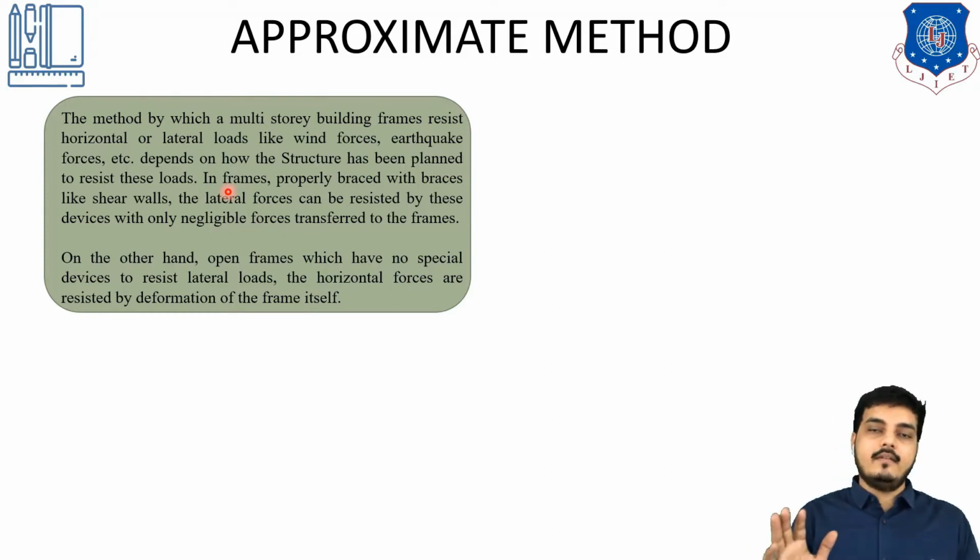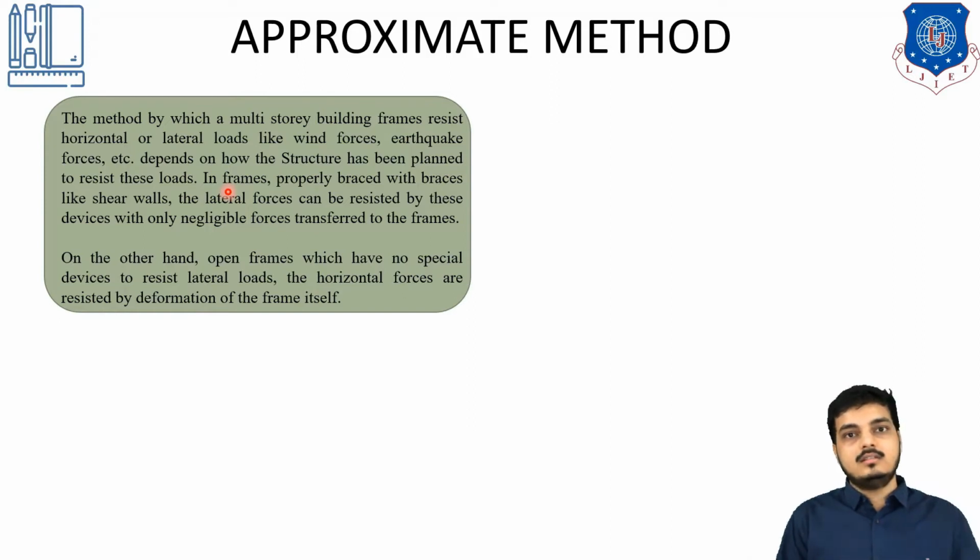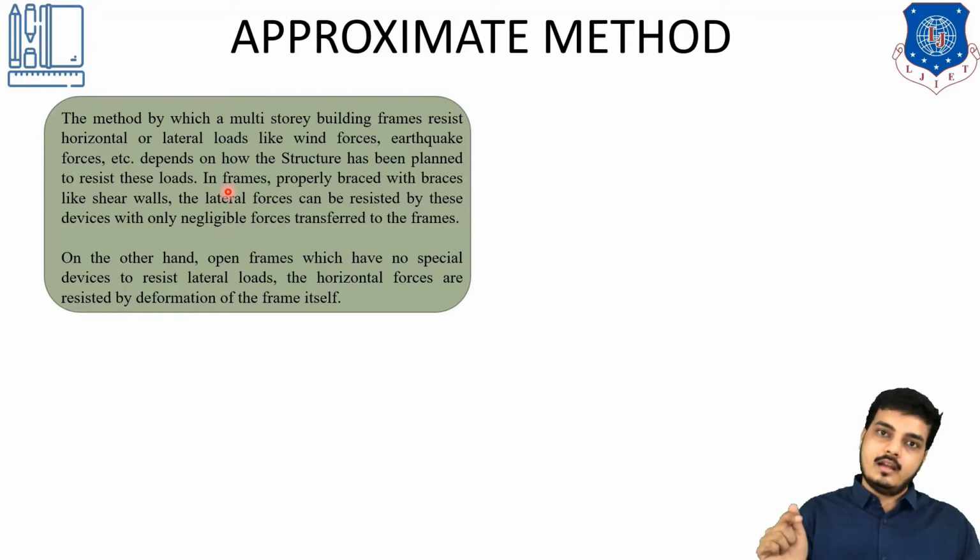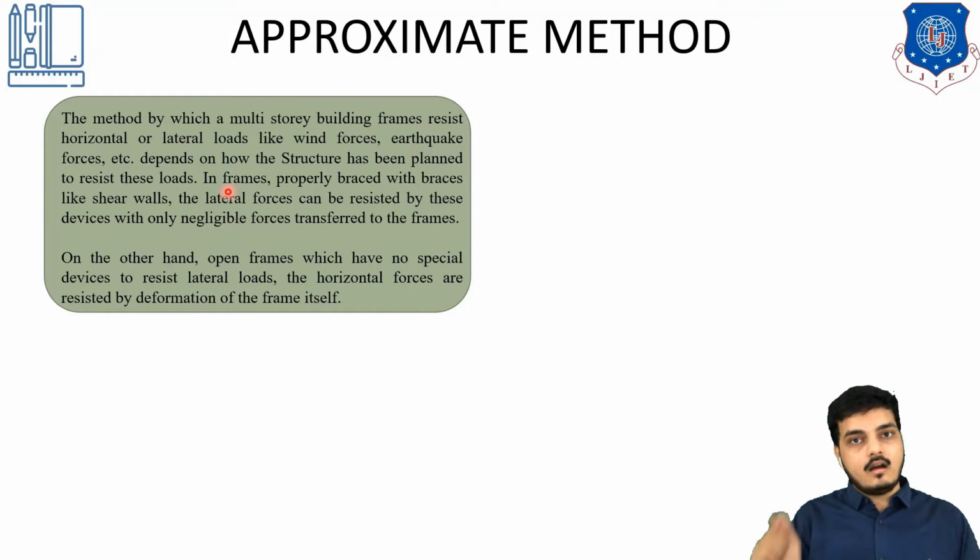Let us assume that we have a simple frame structure without shear walls, bracings, etc. In such a frame, the forces will directly affect the structural elements, majorly beams and columns. So we have to design those elements in such a way that they resist the forces very well.